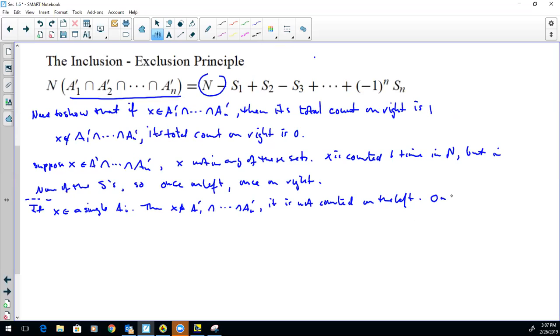On the right, it's counted once in N, and once in N sub A_i, which is in this guy.